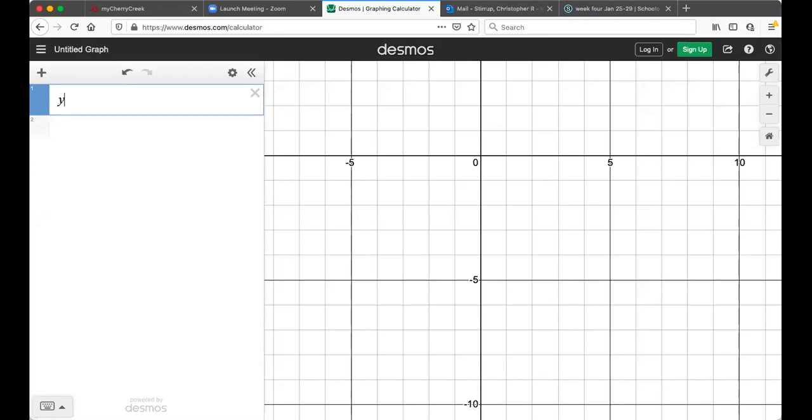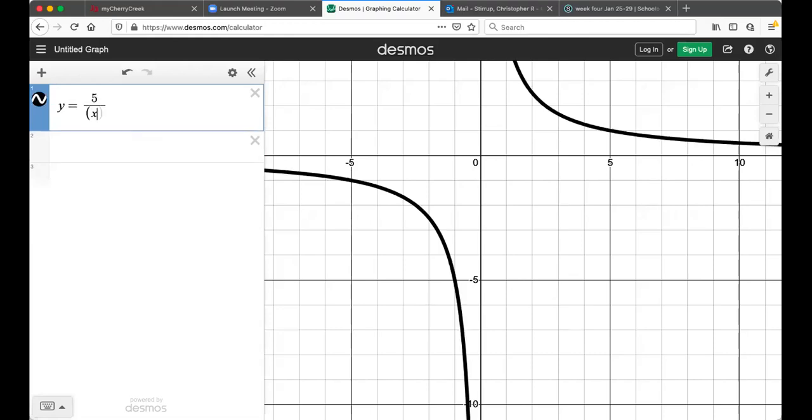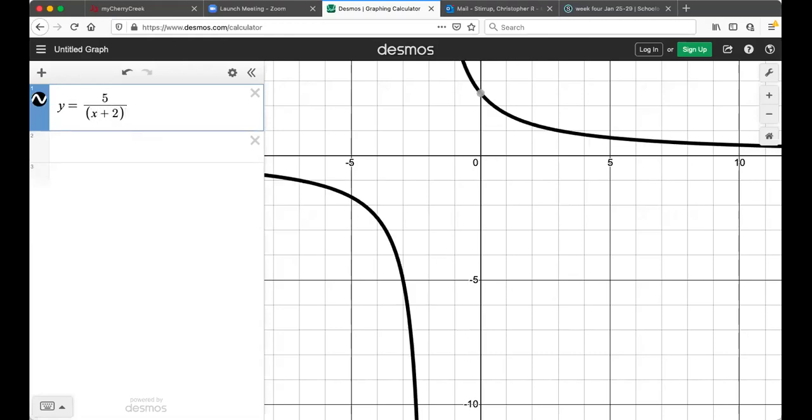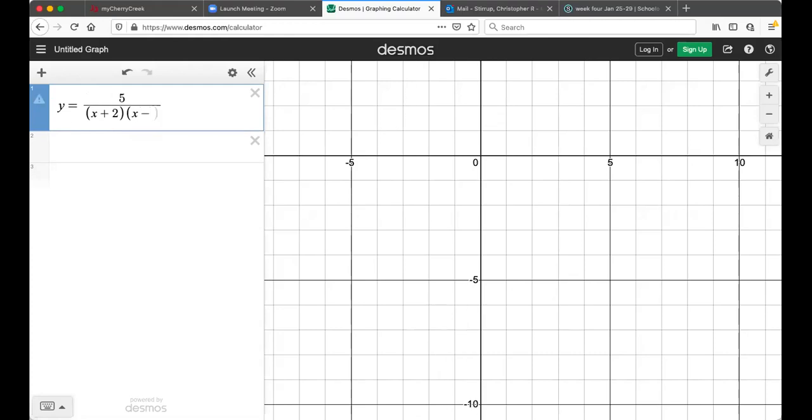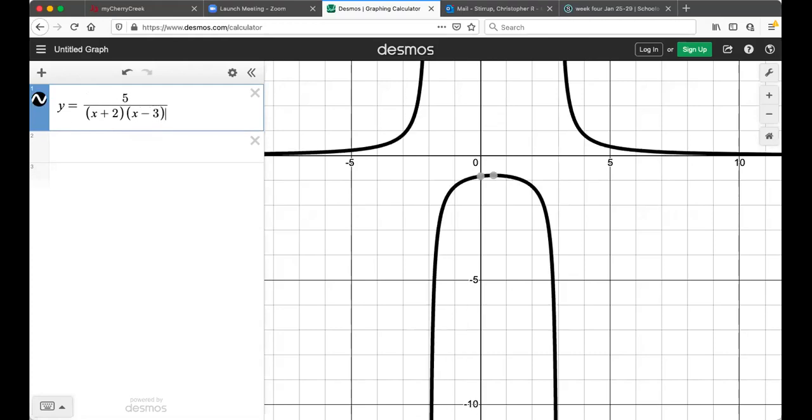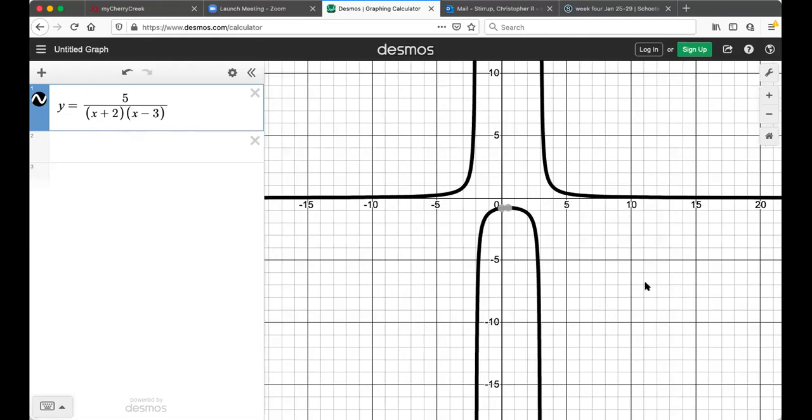Let's say we have y equals 5 over x plus 2, x minus 3. Okay, kind of a fun looking graph, agree?